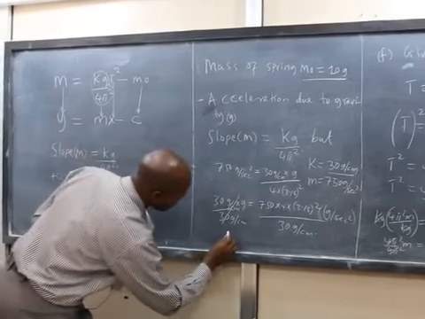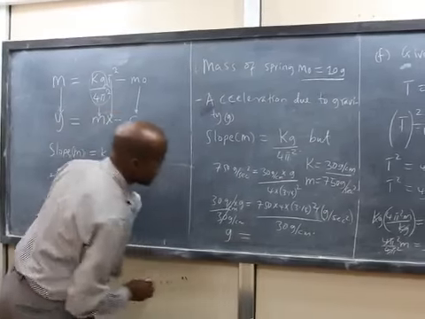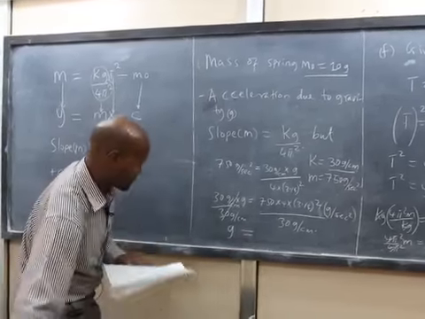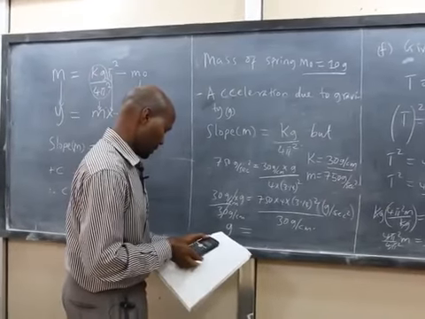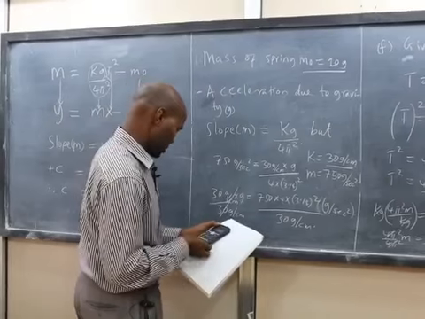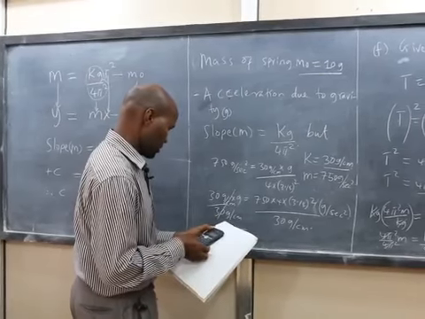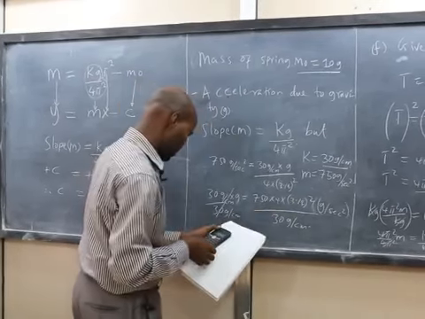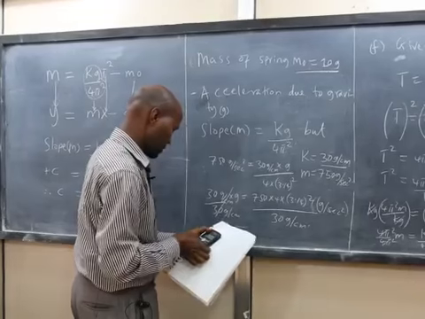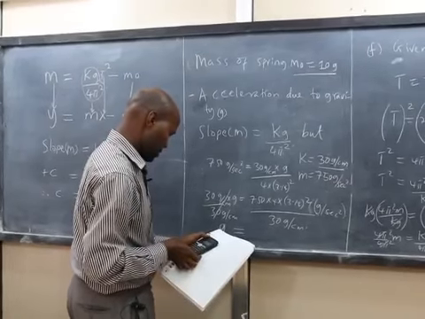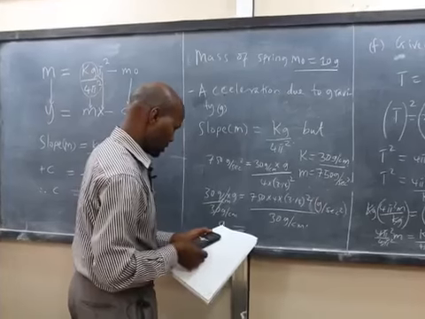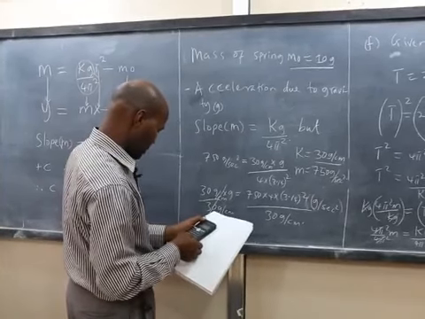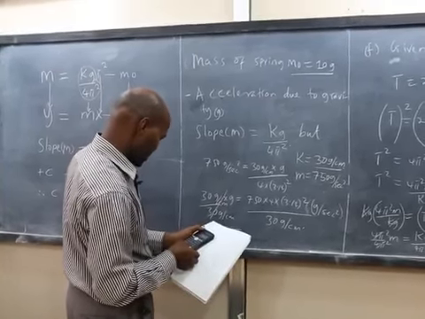Now G equals 3.14 squared times 4 times 750, divided by 30.